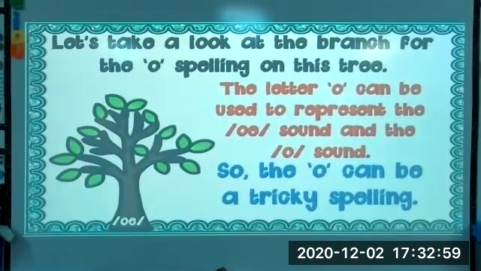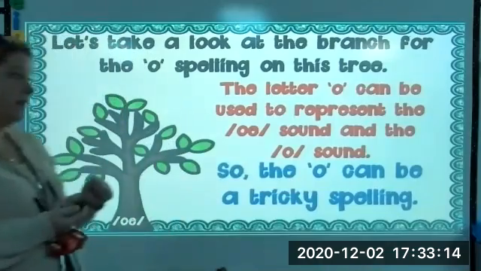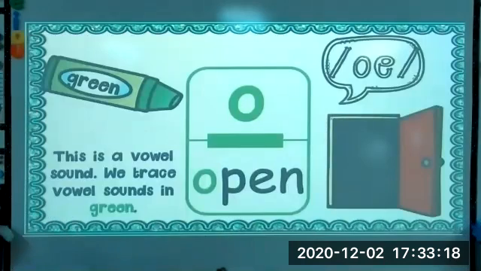For the O spelling on this tree, the letter O can be used to represent the O sound and the aw sound. So the letter O can be a tricky spelling because it can be aw and O as well.